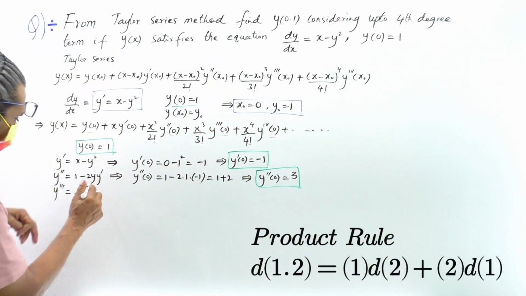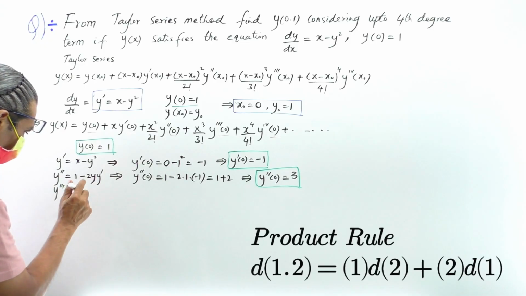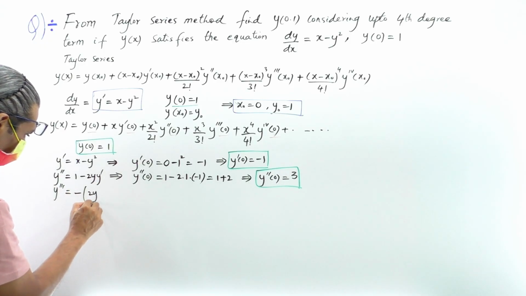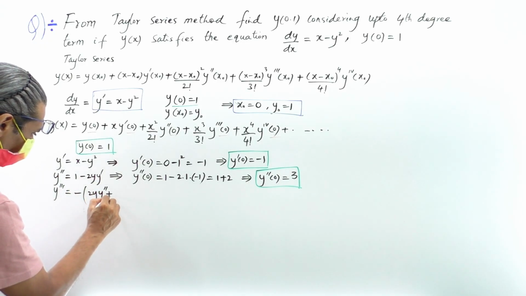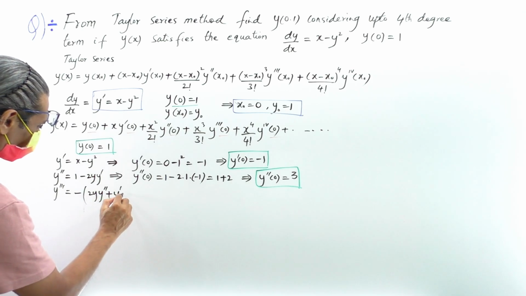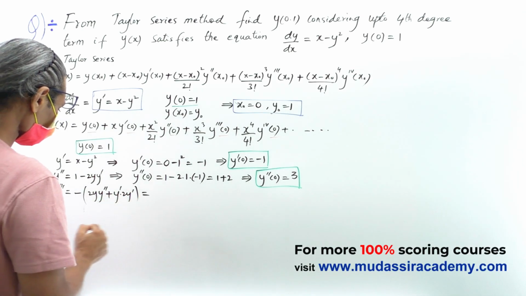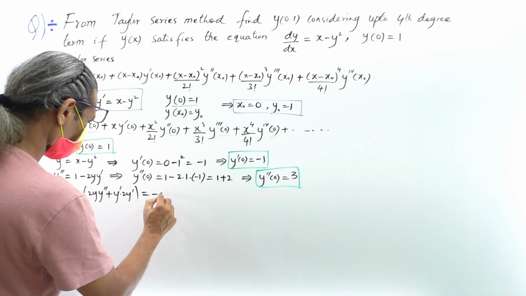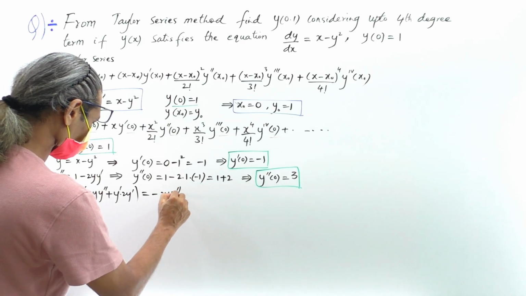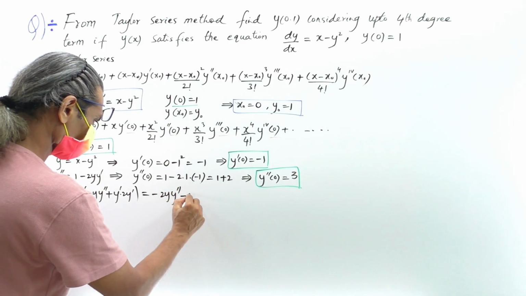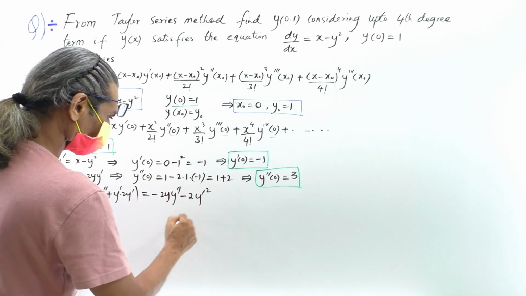So here also 2y as it is, differentiation of y dash is y double dash, plus y dash as it is into differentiation of 2y, which is 2y dash. So this will now be minus 2y into y double dash minus 2y dash square.